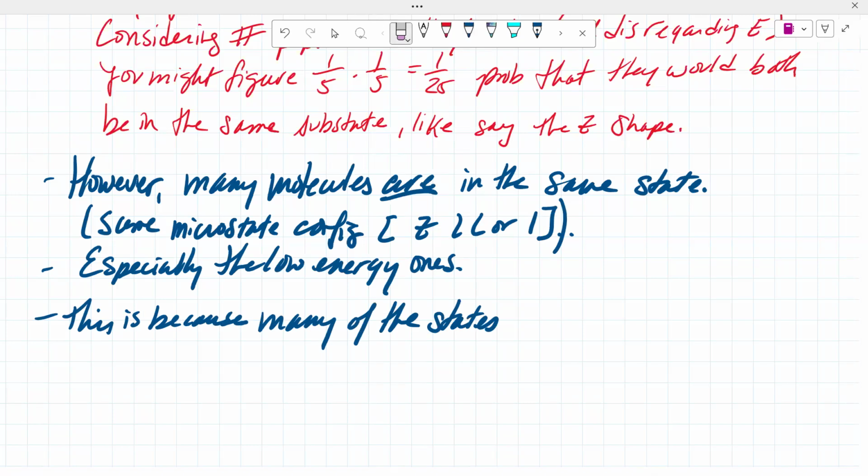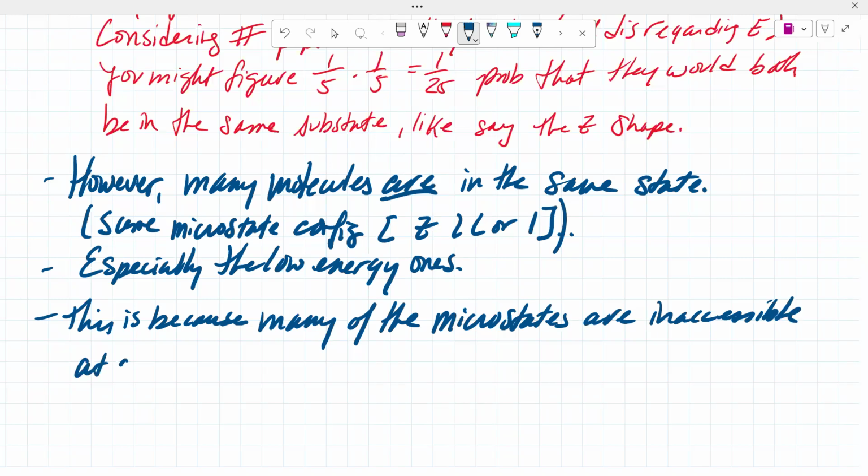I should be calling these microstates really, many of the microstates, at a given temperature, especially a low temperature.